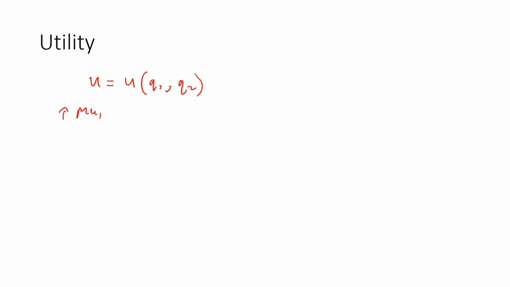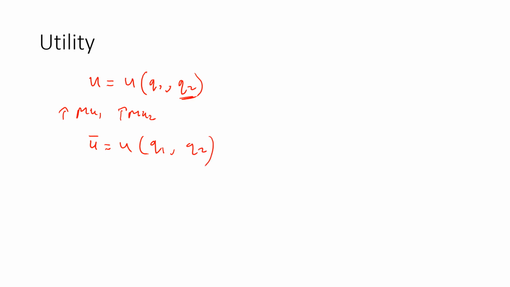Similarly, when we increase Q2, MU2 will increase with a diminishing rate. But when we talk about an indifference curve, utility is constant. So when we increase Q1, we will have to decrease Q2.